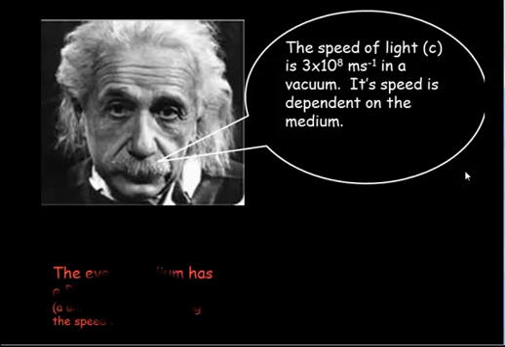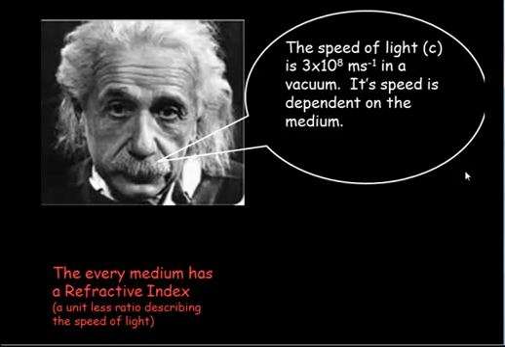As it happens, every medium has something called a refractive index. Now, the refractive index of a medium is actually a value which has no units. It's a ratio of the speed of light divided by the velocity of light in that medium.